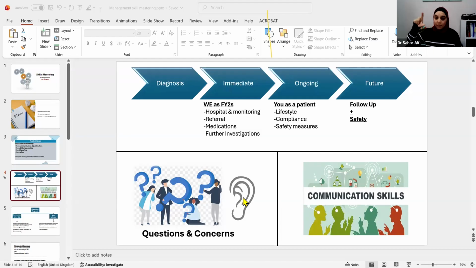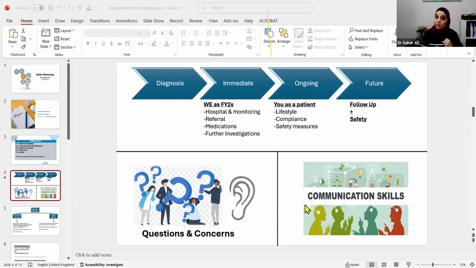And in my frame, the first thing in the management is addressing the patient's concerns, and then a plan. Concern means the patient will have some concerns, the patient will have some questions, and you have to answer them correctly. Alright? The last part in the elements of the management is communication skills.